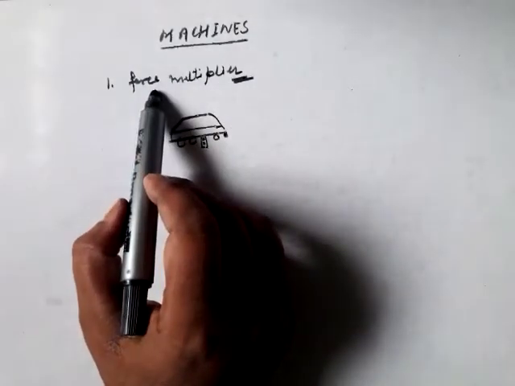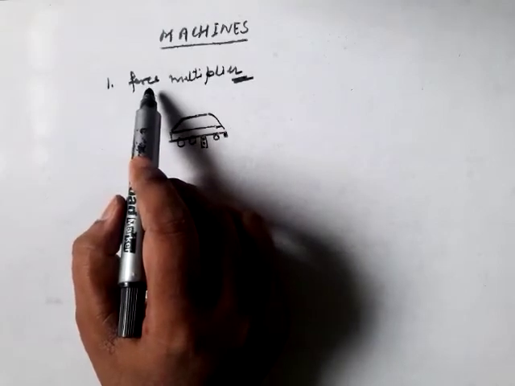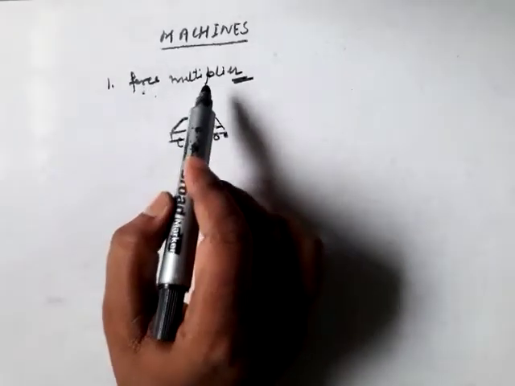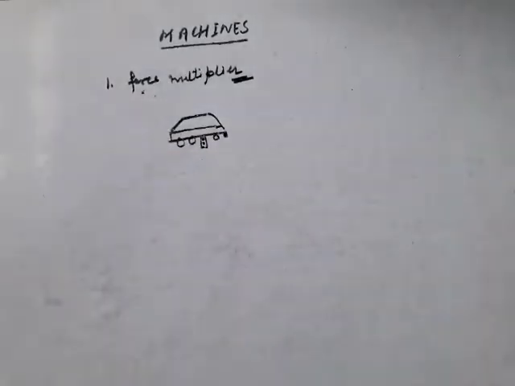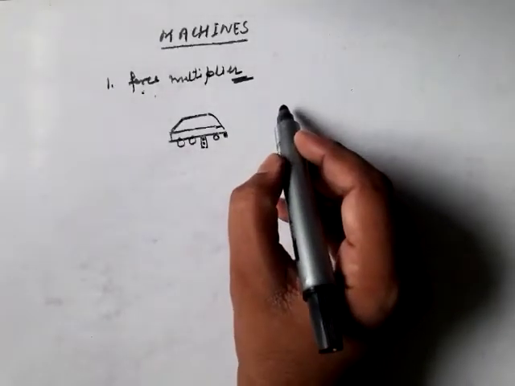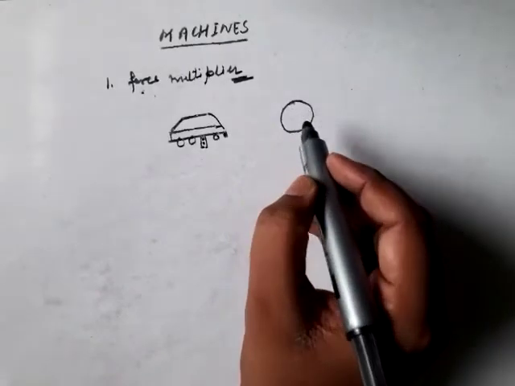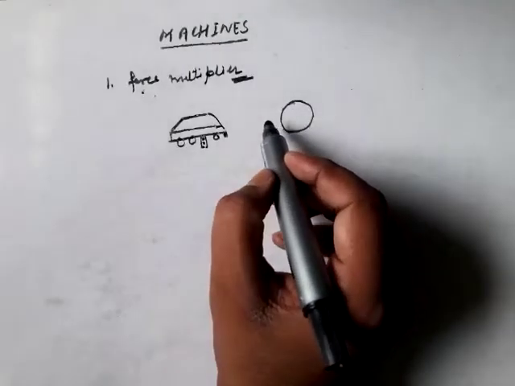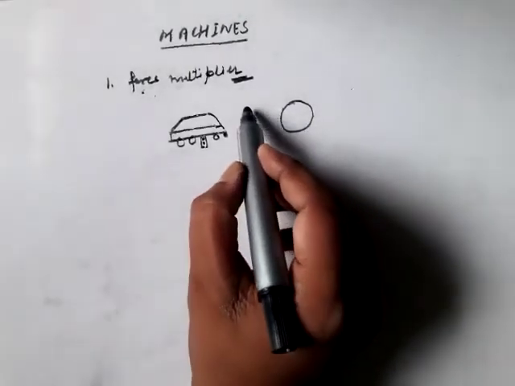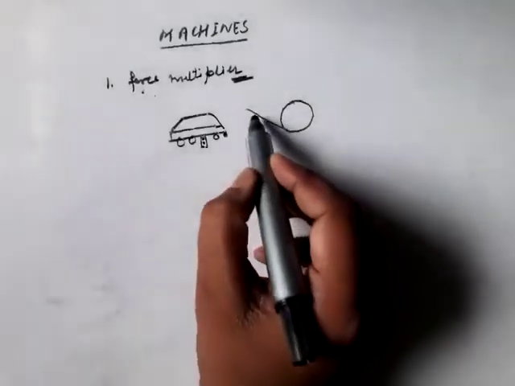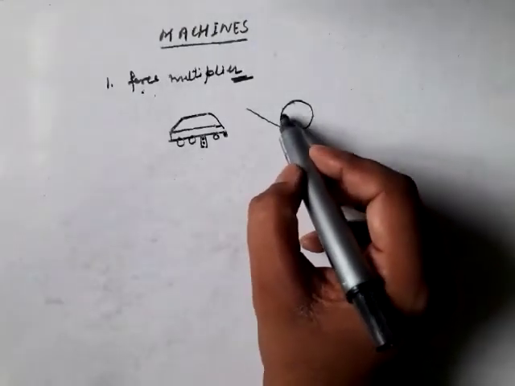So the first advantage of a simple machine is that it acts as a force multiplier. Suppose we have to lift a stone. We can use a rod here, and by applying less force we are able to easily roll it.